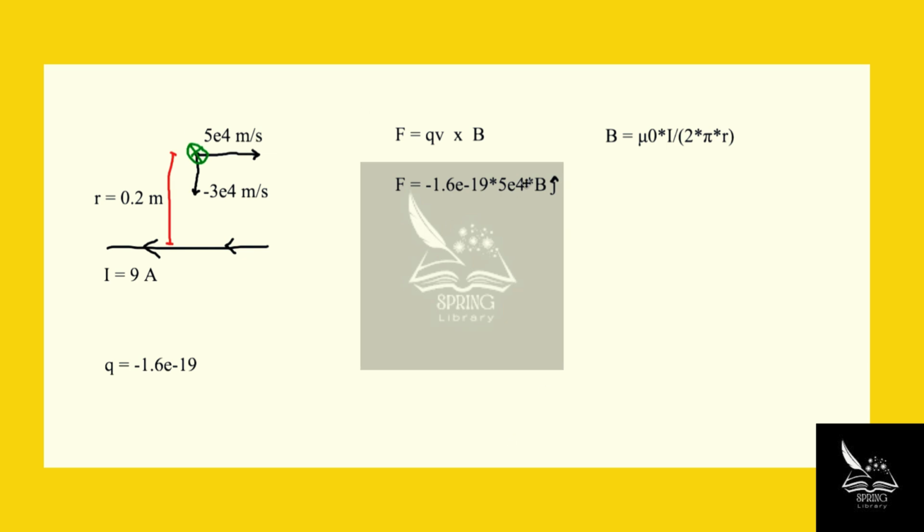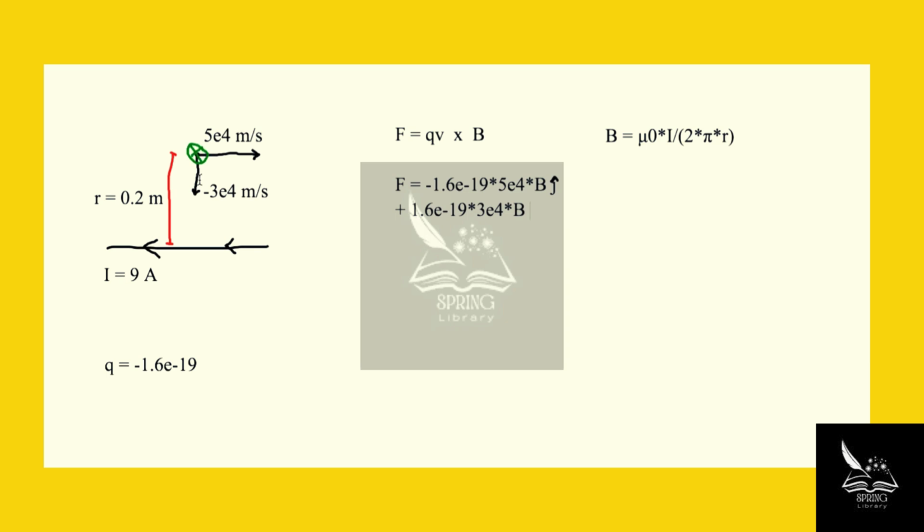Now let's look at the component from the other part of the velocity, the minus 3. It's the same thing, except now we have 3 and another minus sign. That minus sign cancels out with this minus sign out here, so we end up with a positive term overall. Now we just have to figure out the direction.